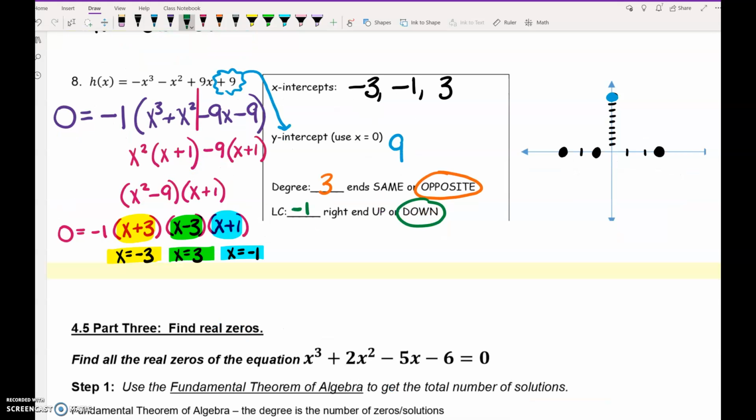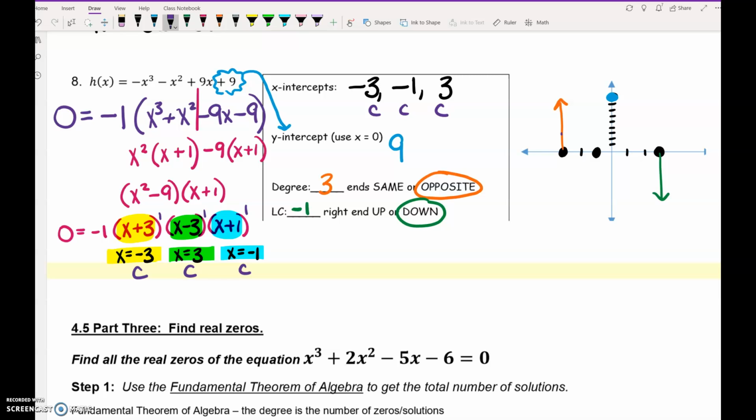Okay, we got this factored and solved and everything. The right side needs to point down. The left side needs to point in the opposite direction. And we haven't yet talked about crossing or turning points. Look at where these 3 solutions came from. All of them have exponents of 1, so they are all crossing points.